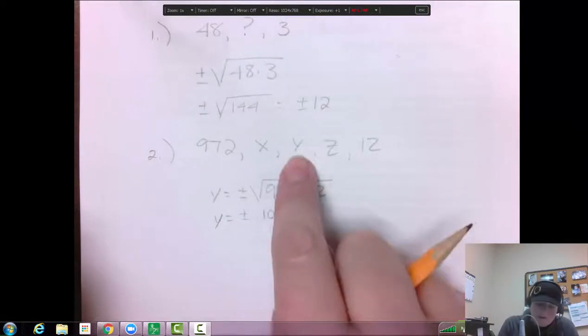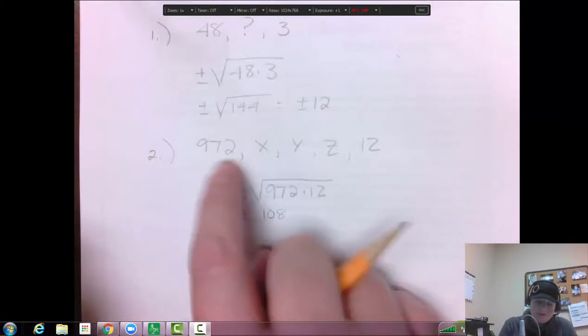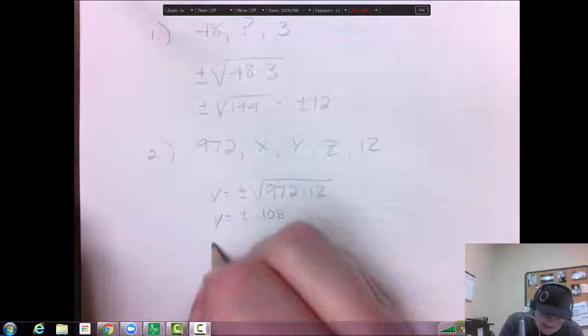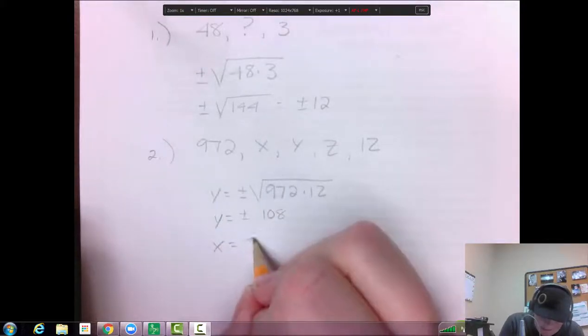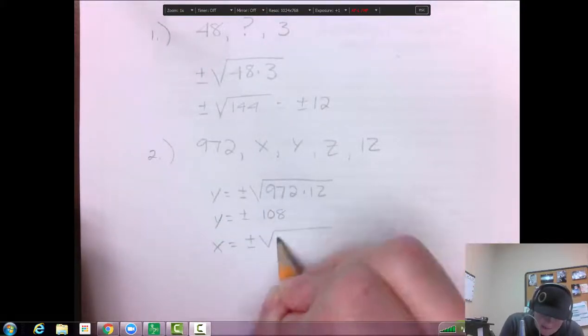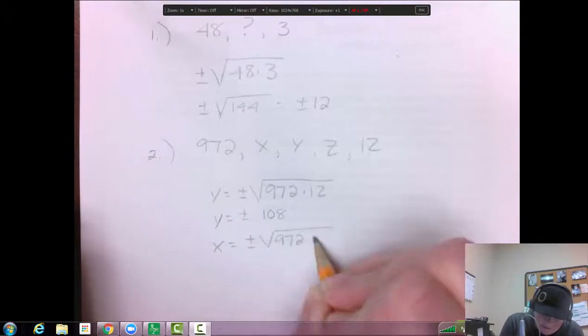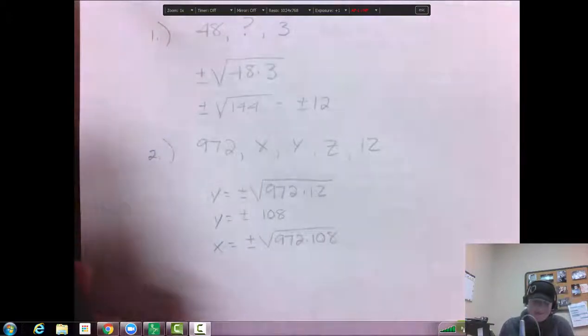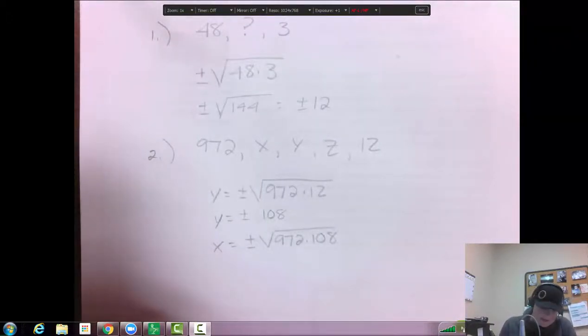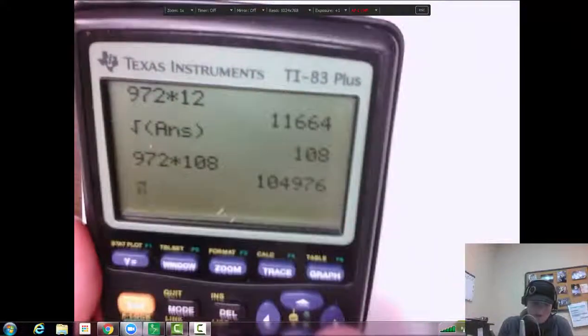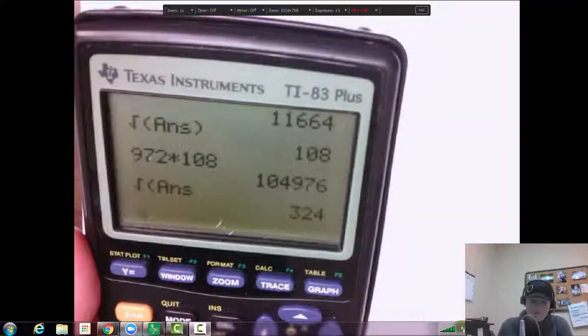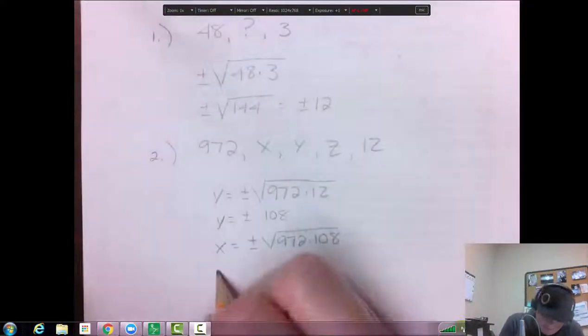We can use our 108 geometric mean with 972 to find x, because x is going to equal the plus or minus square root of 972 times 108. So 972 times 108 is a big old number. And then I'm going to square root the big old number, and I get 324.